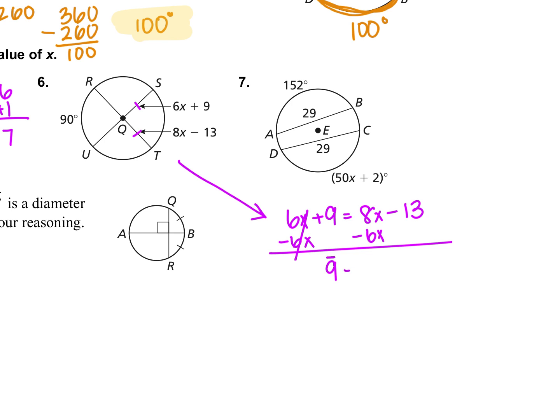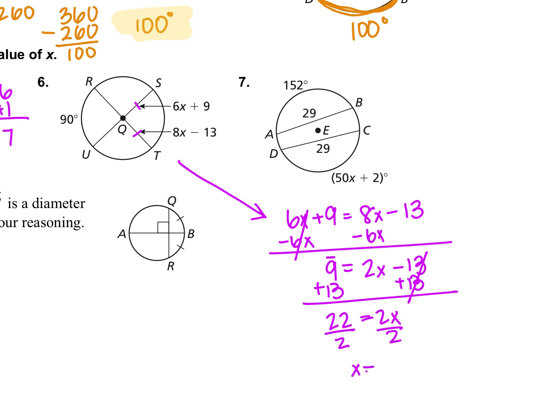I'm going to get 9 equals 2x minus 13. Add 13. 22 equals 2x. Divide both sides by 2. X equals 11. Okay, for 6, x should have equaled 11.